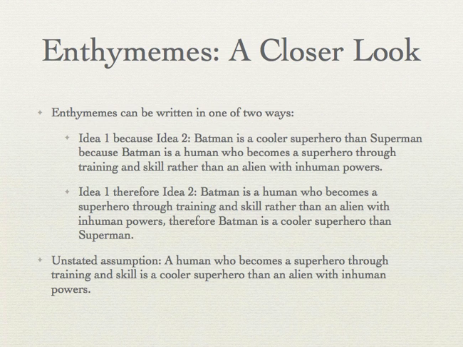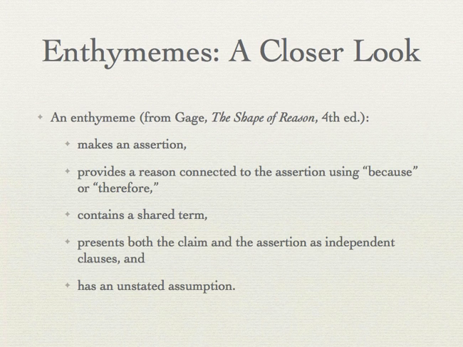We find here Batman is mentioned in both, a cooler superhero. So this idea of superhero is going through as the shared term there. In both of those, the claim is about Batman being a cooler superhero, and we have Batman and superhero as shared terms going throughout the entire enthymeme. So yes, both idea 1 and idea 2, the claim and the reason, have shared terms.